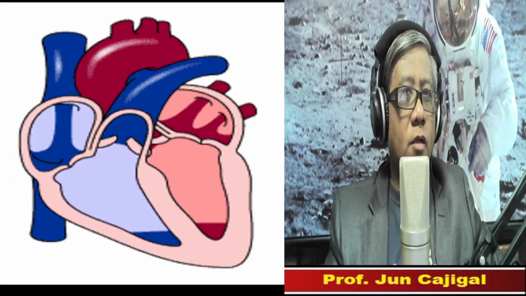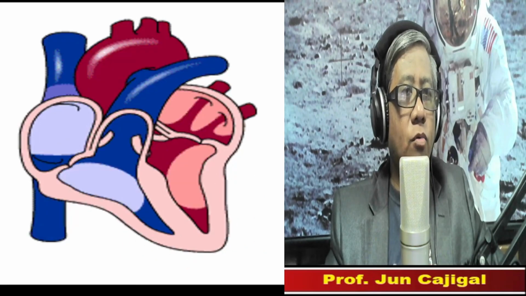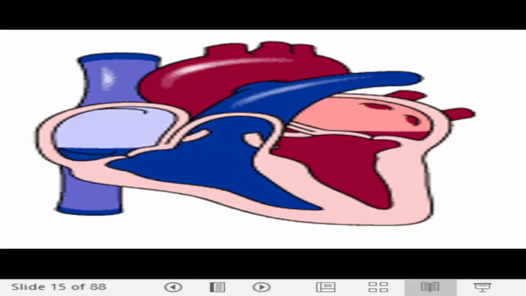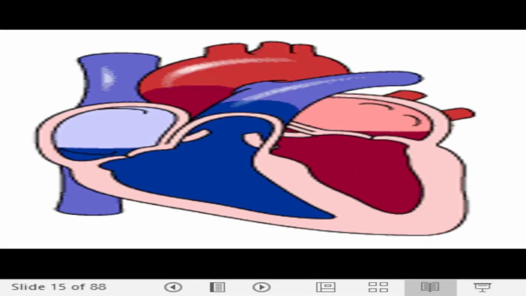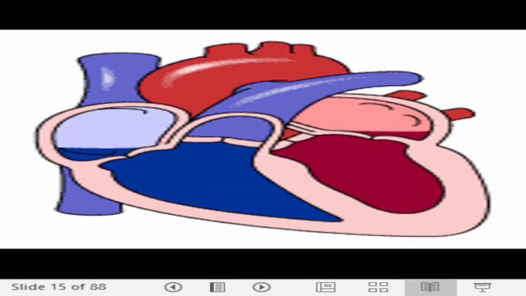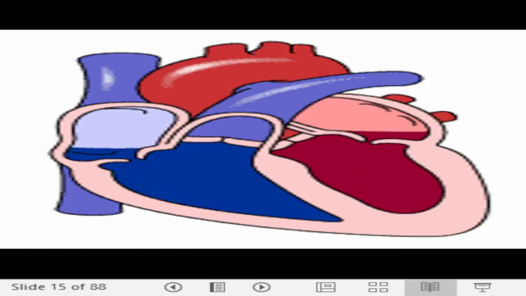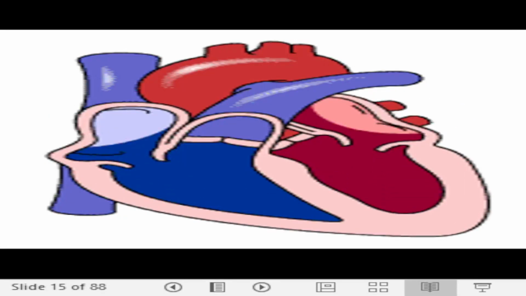Now again, the human heart is divided into a left section and a right section. They are separated by a muscular wall called the septum, and each section has two chambers.